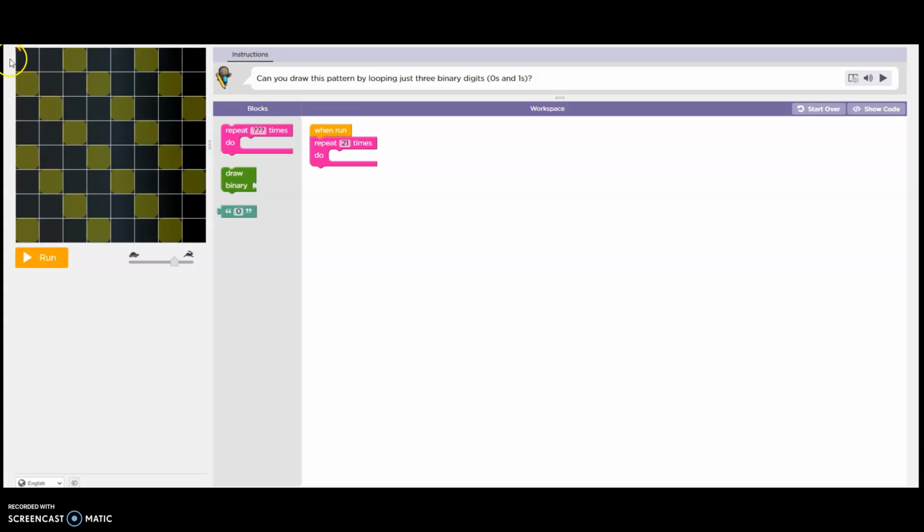I already told you that 0 equals off, so this means it's 0, 0, 1, 0, 0, 1, 0, 0, 1. We know that's 21, so we just have to add the draw binary and write its pattern in this block. So we know that's 0, 0, 1. Now all we have to do is test it out and see if it's correct or wrong.